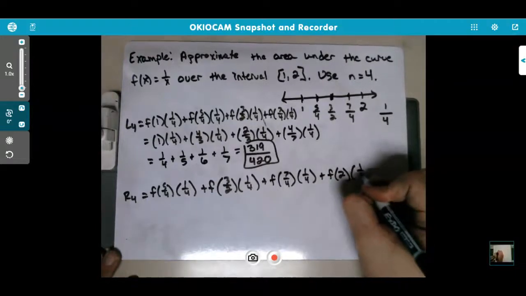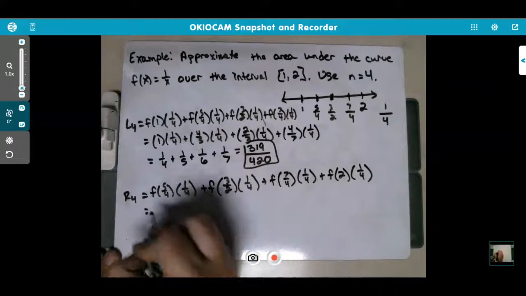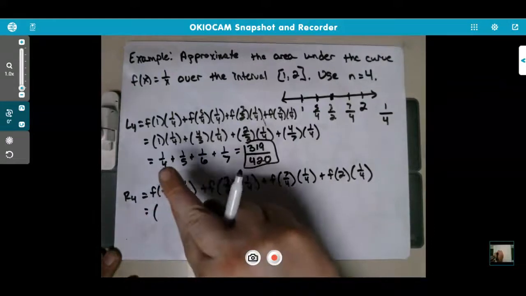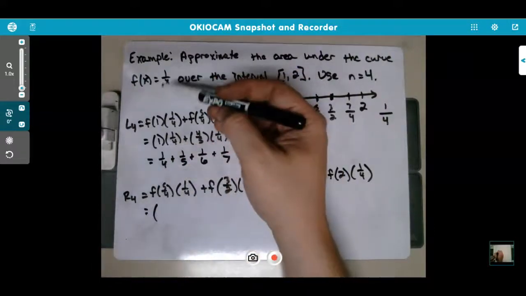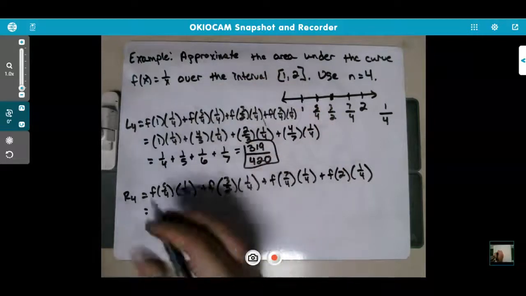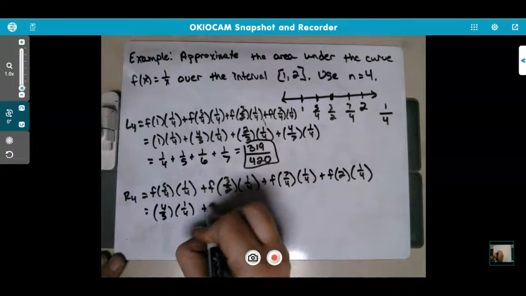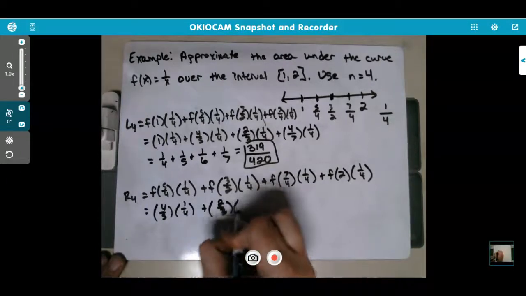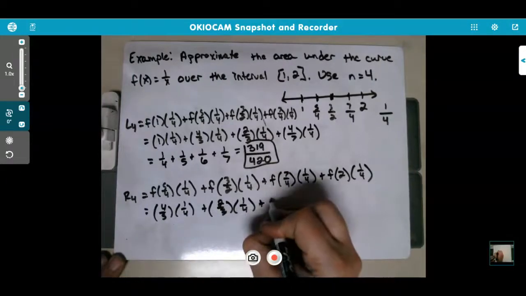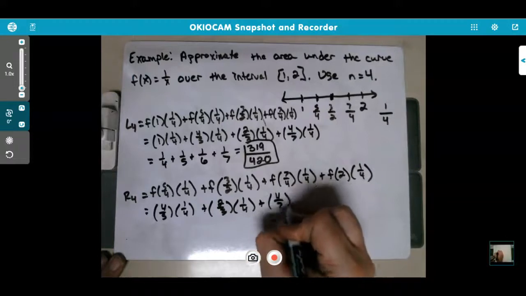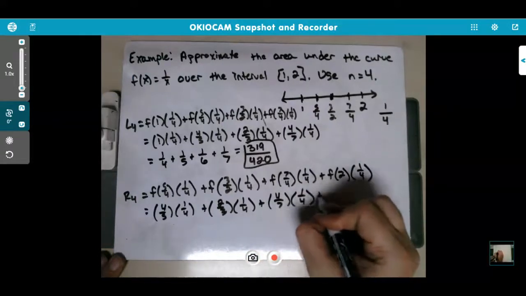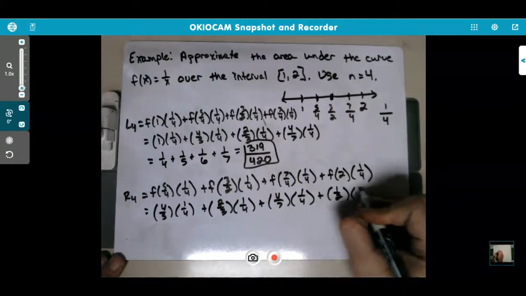Again, because I'm looking at all the right-hand points. F of 5 over 4, again, just flip it because it's 1 over x, so it can just flip. 4 over 5 times 1/4. F of 3 over 2 is 2/3. F of 7 over 4 is 4 over 7. And then f of 2 would be 1 over 2.